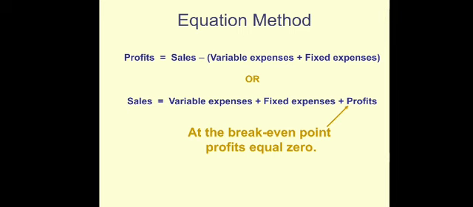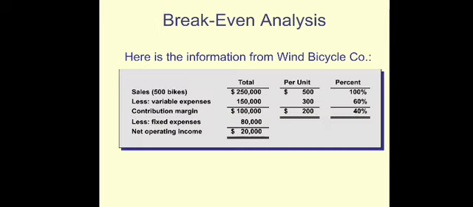So let's see. Okay, we use the Wind Bicycle Company example. So remember the data here. For the Wind Bicycle Company, the product is the bicycle. The price of the bicycle is $500 per unit.